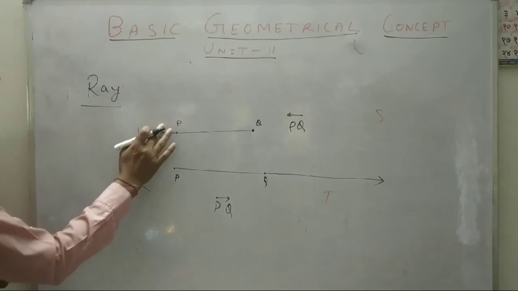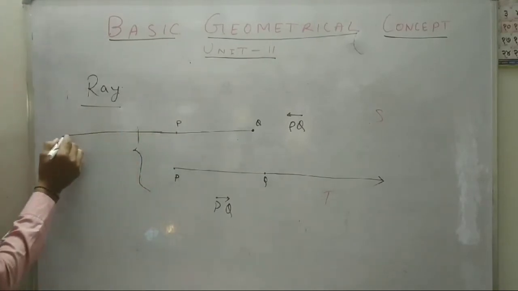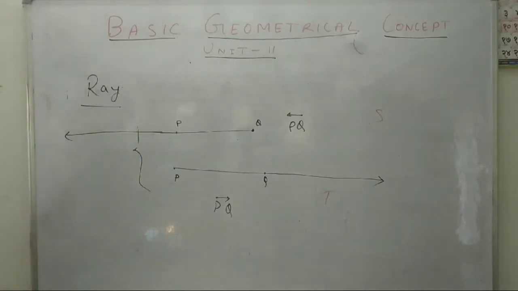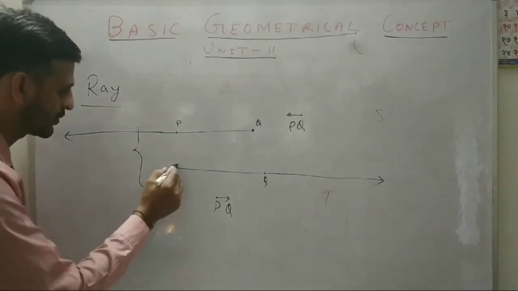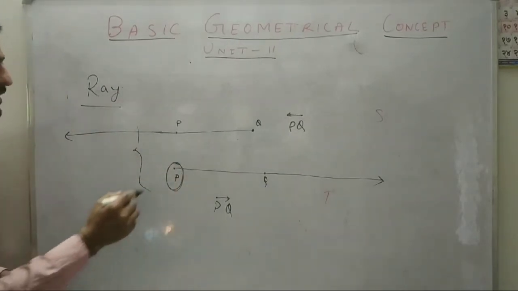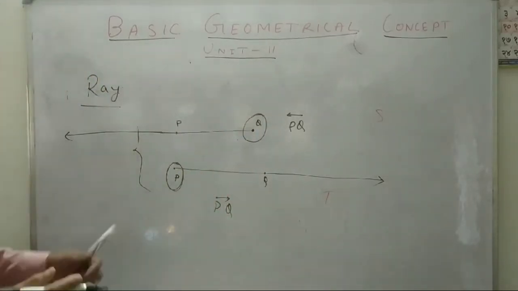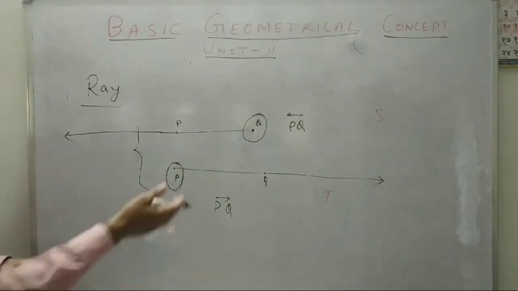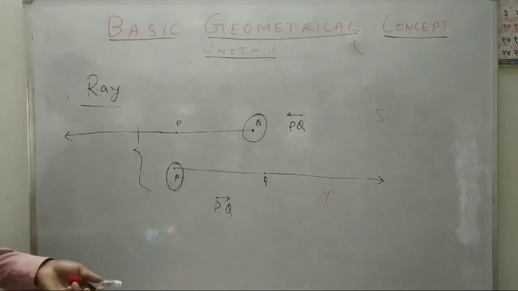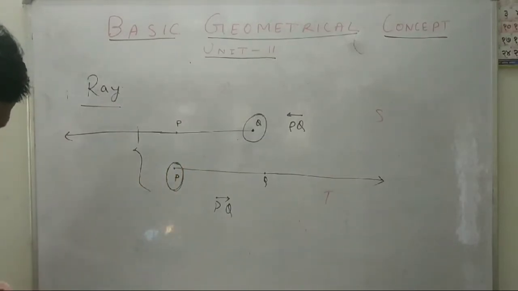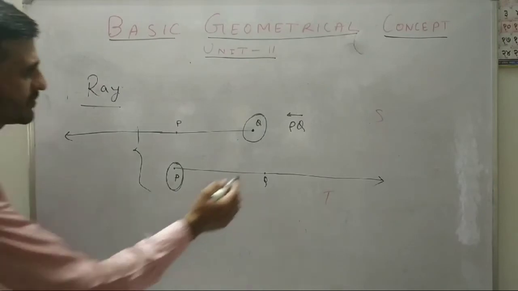See, we are extending the ray. Then a ray has only one endpoint. See, this is the endpoint of this ray. Here you cannot extend. It stops here. Then it has no thickness because it is a part of a line. So line does not have any thickness, so it also does not have any thickness. And ray is represented by this symbol.